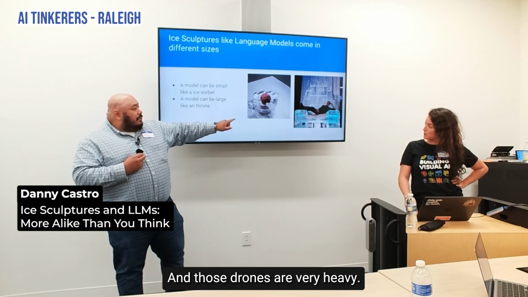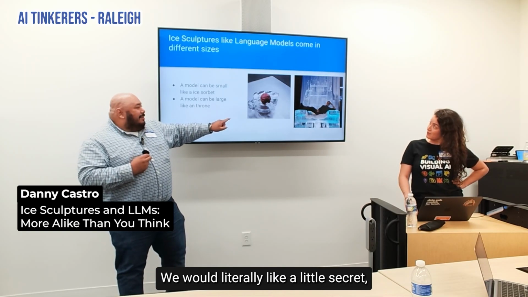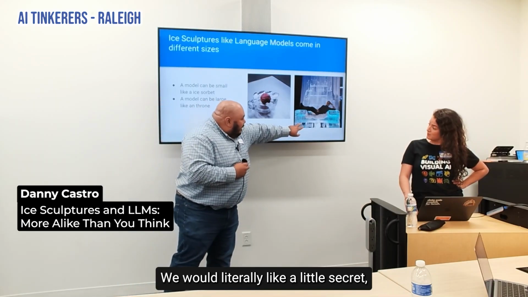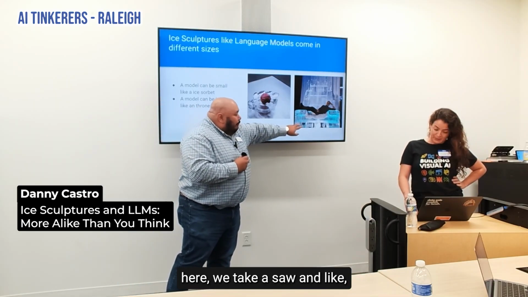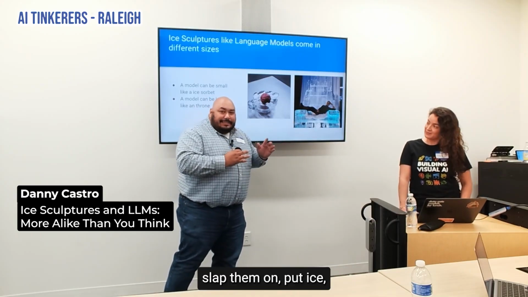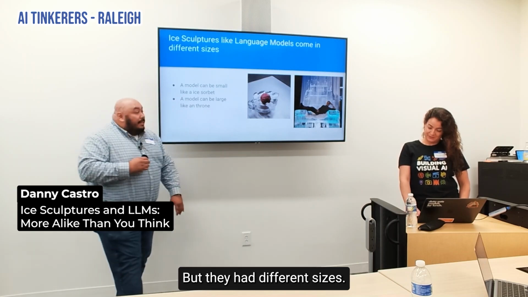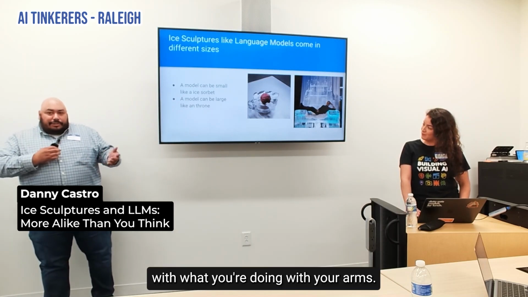Those are very heavy. They're very hard to put together. Like a little secret, these little pieces here, we take a saw and slap them on, put ice, and then let nature do its thing to put it together. But they had different sizes. Same thing with what you're doing with the LLMs.